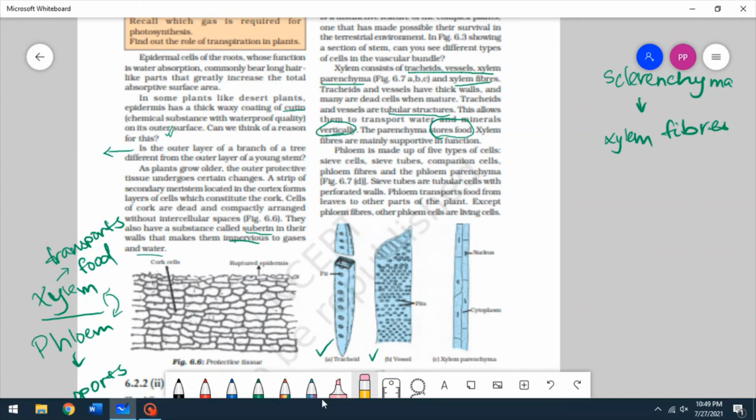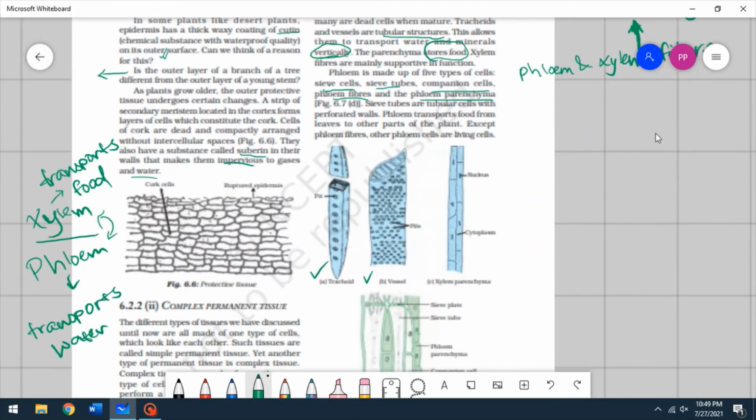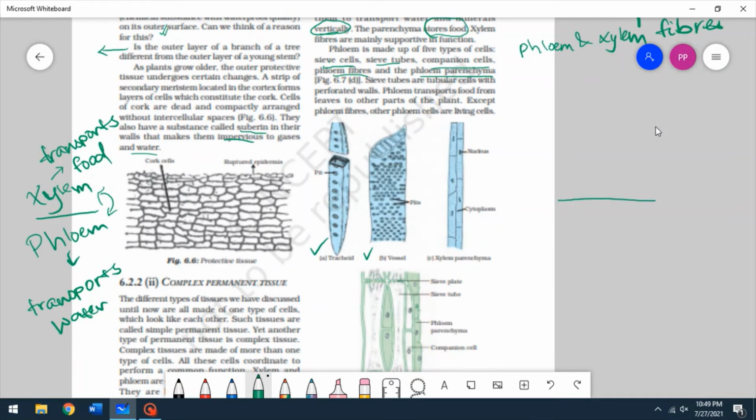So phloem is made up of 5 types of cells. Xylem is made up of 4, phloem is made up of 5. The sieve cells, sieve tubes, companion cells, phloem fibers, and phloem parenchyma. Phloem fibers again here refers to sclerenchyma. And sieve tubes are tubular cells with perforated walls. Perforated means with holes. So it's like the net with which you filter the cream from the milk, or you filter ginger from tea.